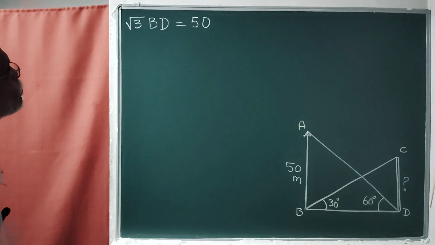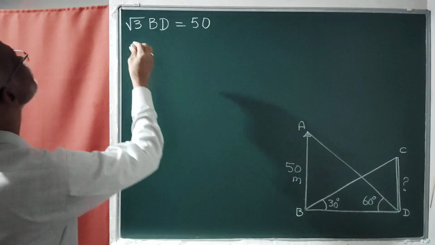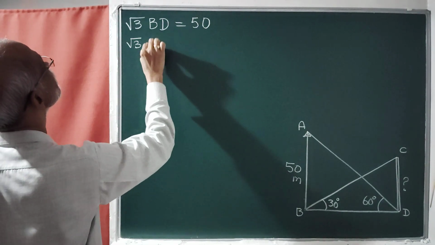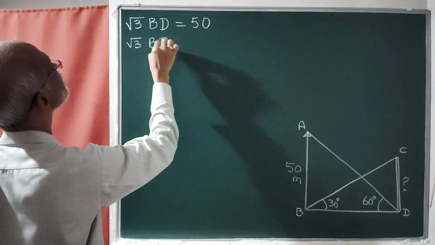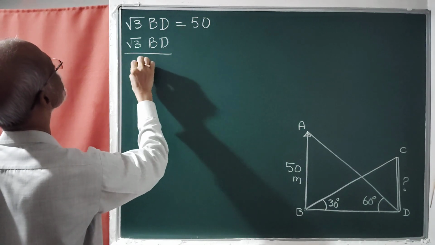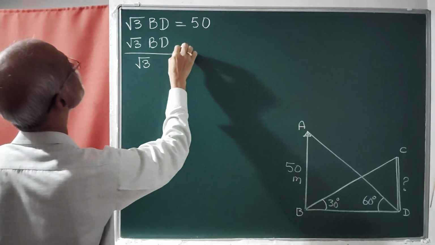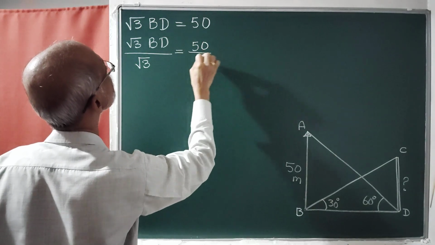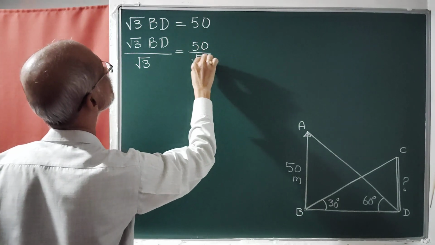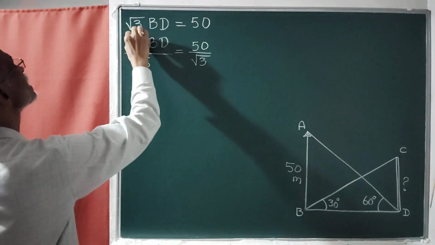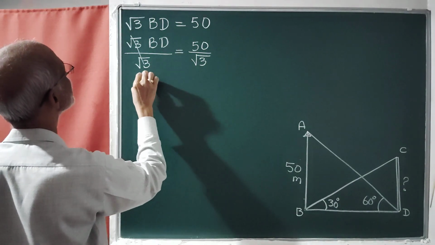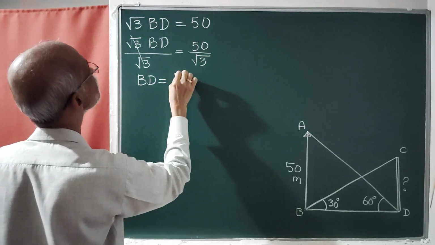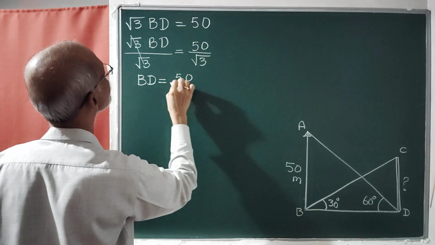Now I will divide both sides by root 3. So root 3 BD divided by root 3 will be equal to 50 divided by root 3. The root 3 will get cancelled here. So BD will be equal to 50 by root 3.